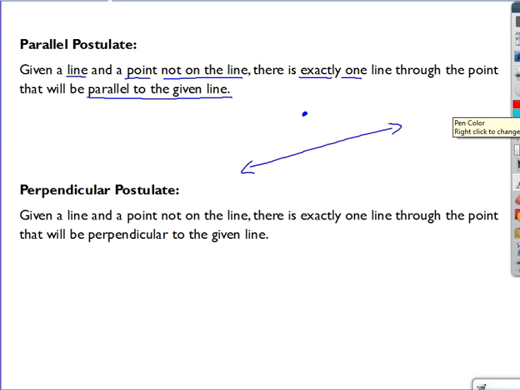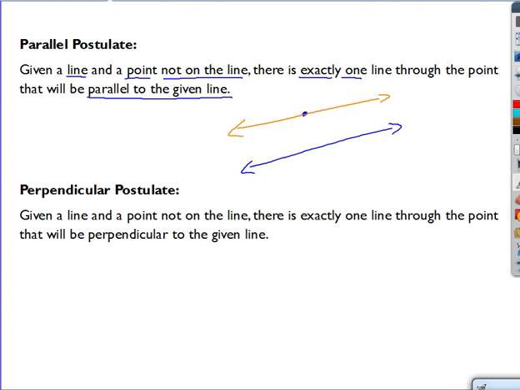Now I can, of course, draw many other lines that go through that point, like this one or this one, but there's only one line that actually is parallel to the given line and also goes through this point. This is a pretty straightforward thought, and that's why it's called a postulate. Postulates are things that are being accepted without proof.